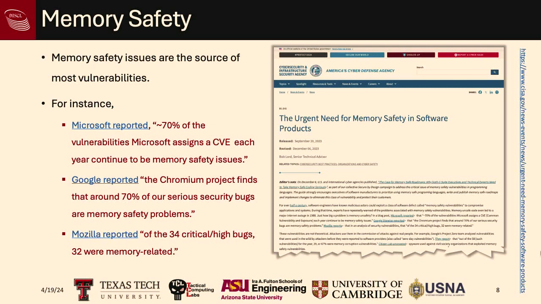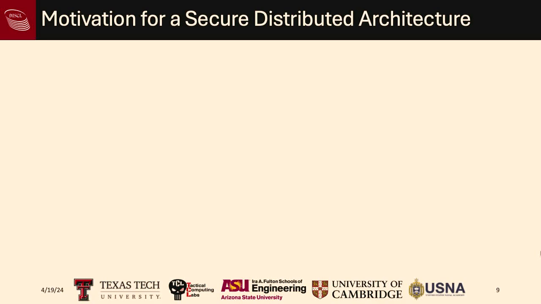And for instance, in Mozilla's report, I believe, about 50% was just use after free vulnerabilities. And you can see that that strengthens the motivation for a secure distributed architecture.